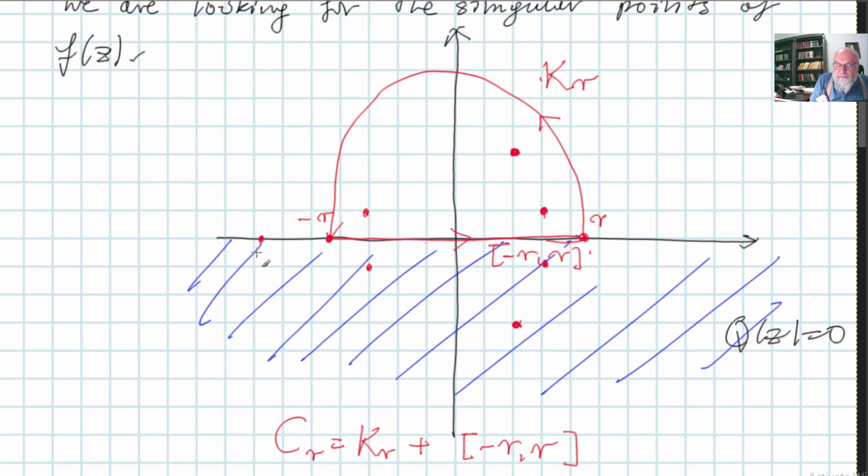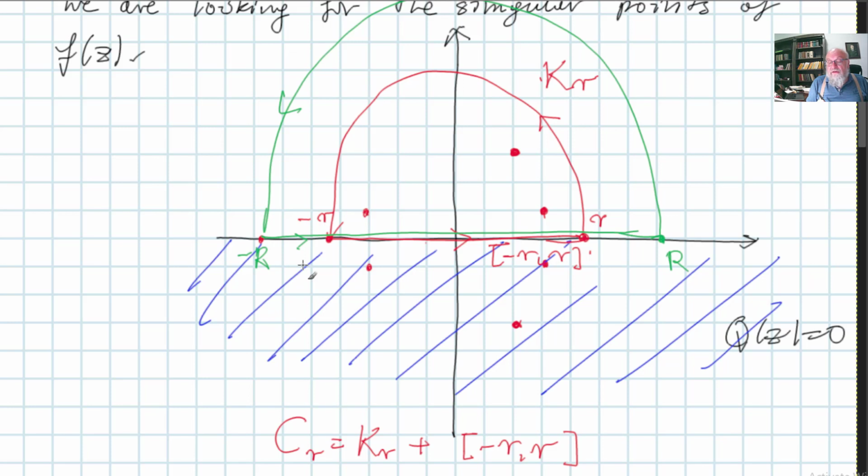If I take another number, capital R, and go to a bigger circle, the value of the integral will not change, by the Cauchy theorem. This will still be the same.